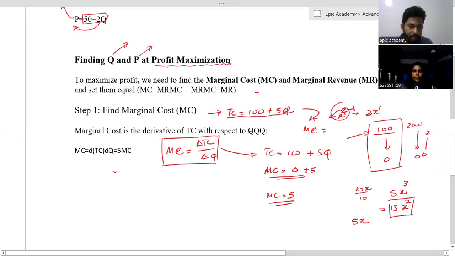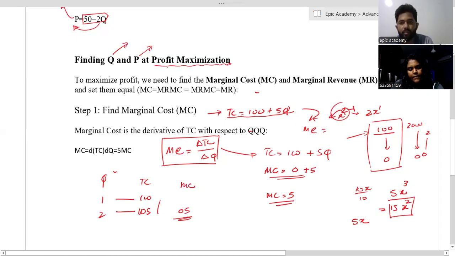As an example, you are producing 1 unit and total cost is 100. Then you increase the production by 1 unit, and the total cost becomes 105. So you can identify the marginal cost is just 5. This is the value we identify by deriving the total cost equation.